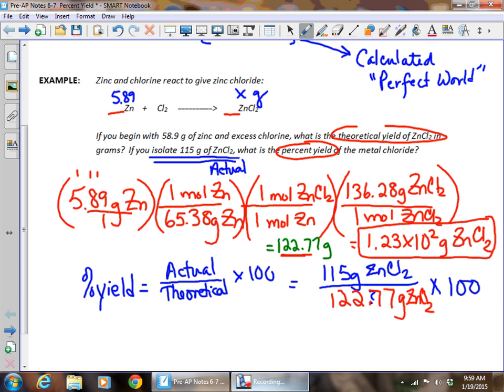The AP rule is don't round till the end. So the only reason we rounded it above is because it was actually asked for as a reportable value. So when we divide this and multiply by 100, 3 sig figs, we get a value of 93.7% yield. Remember, we do not put money, percent, or molar mass in scientific notation. So there's the percent yield in this problem.